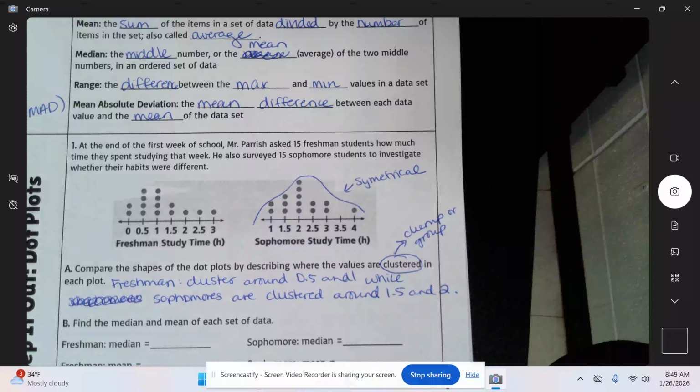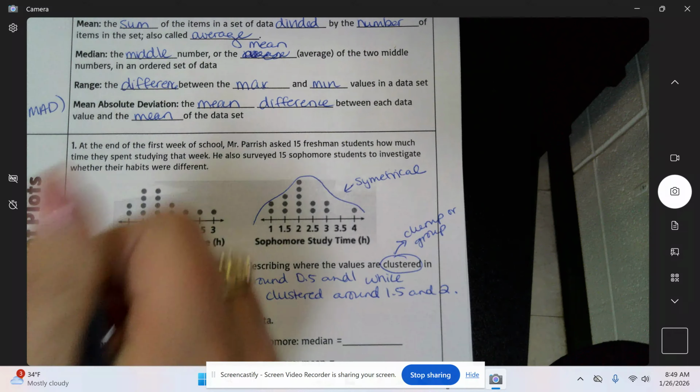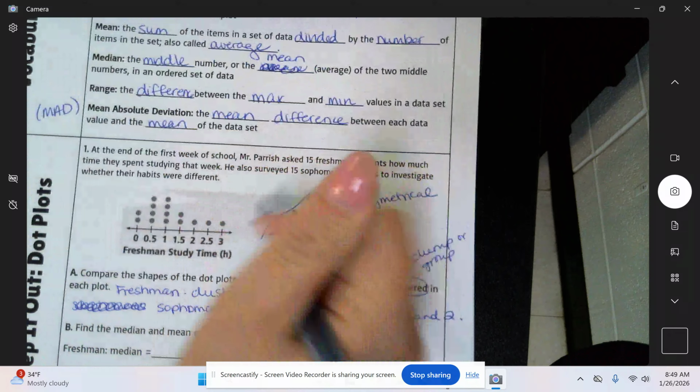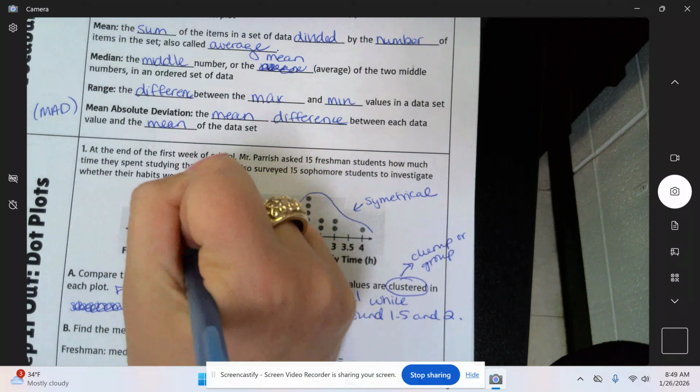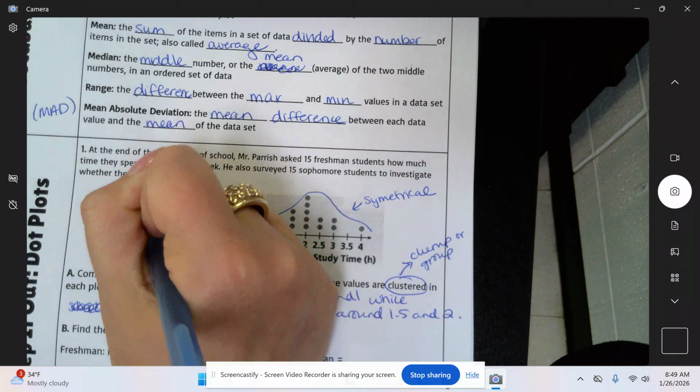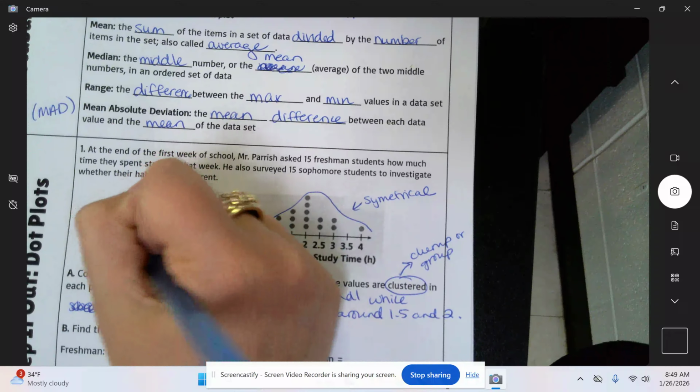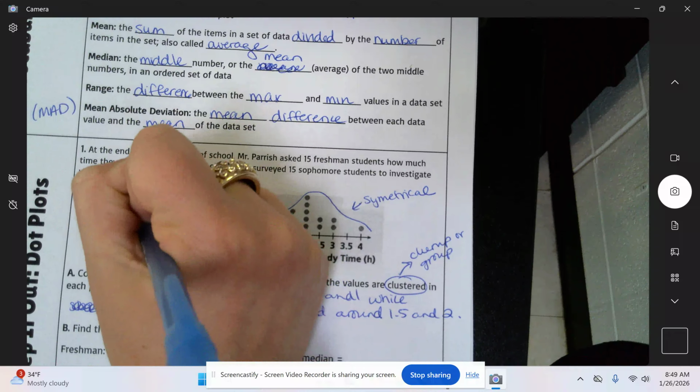When we have skewness, this is where I bring out my little dinosaur drawings because I'm obsessed with dinosaurs. You can draw your graphs into a dinosaur. Watch. Here's his tail. There's his head. See, there's his mouth. Roar.